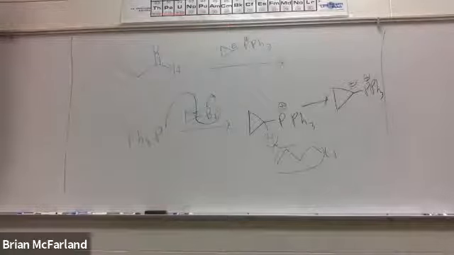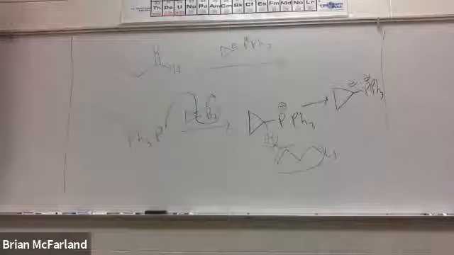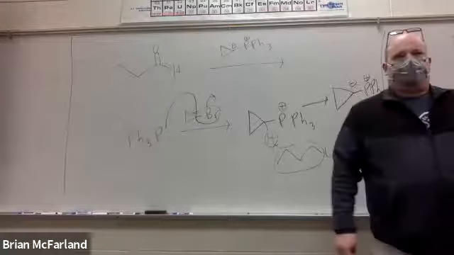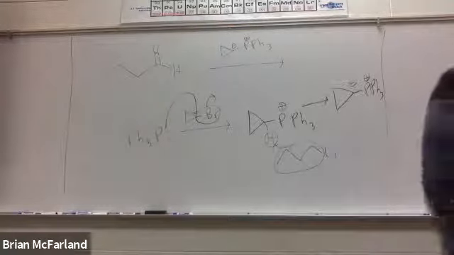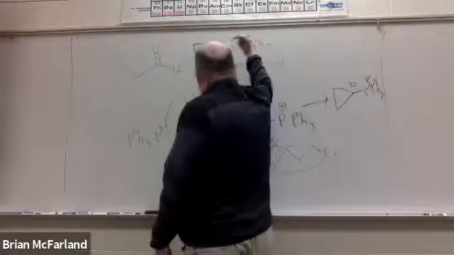All right. So let's walk through the mechanism of the Wittig reaction. All right. Again, you guys tell me. You're experts by this at this point now. How does the Wittig reagent interact with your aldehyde? Yep, exactly.